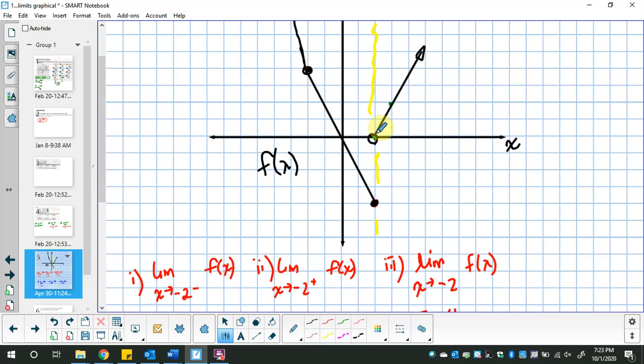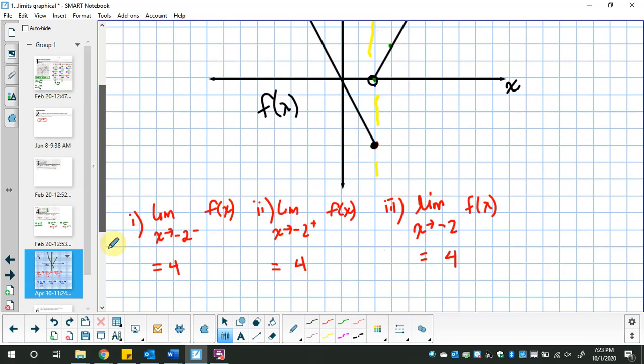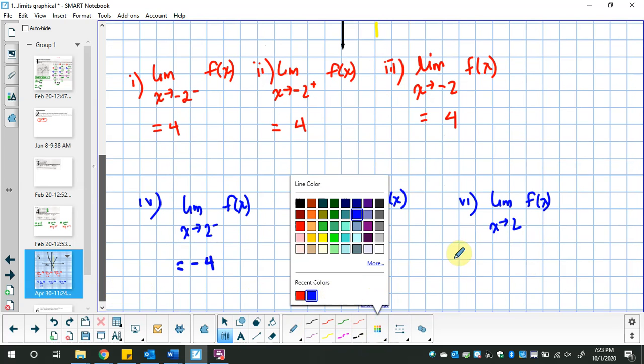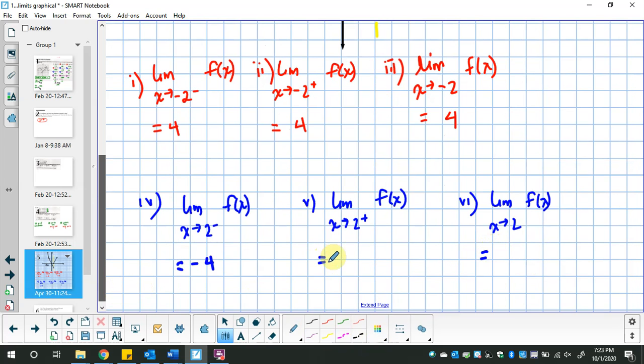It's okay for almost in limits. So this is y equals 0. So you don't need the y equals, you just need the 0. It's implied that if I'm giving you the x, you're giving me the y. And then because those two answers don't match, when I ask you overall about 2 instead of left and right, your answer is, there is no answer, as in it does not exist.